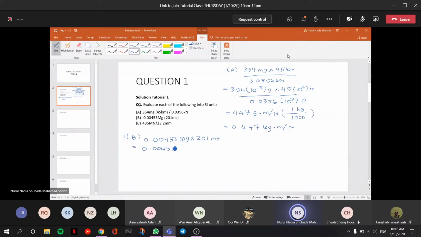Okay. So for question 1B, the question mentioned that 0.00453 megagram times by 201 milliseconds.